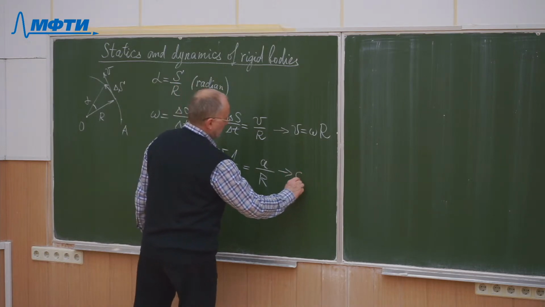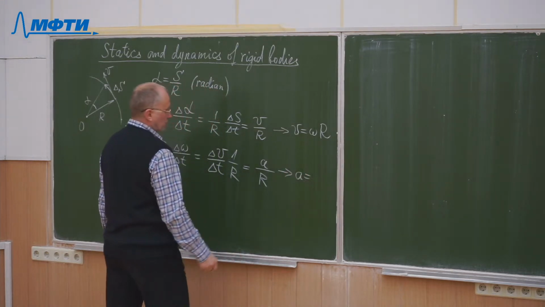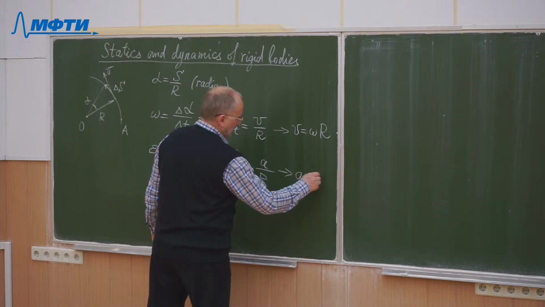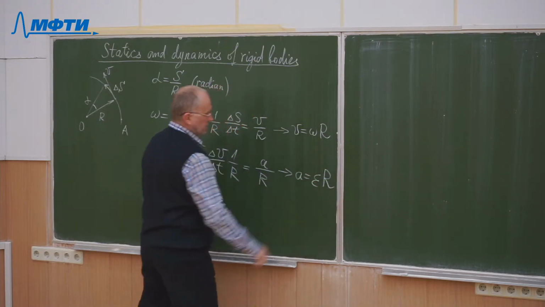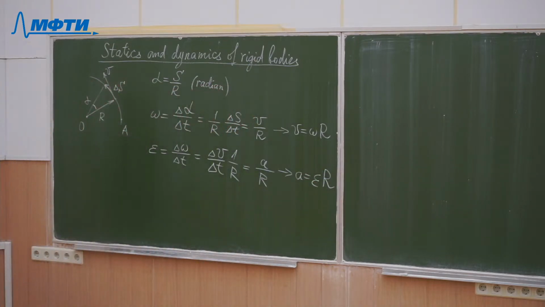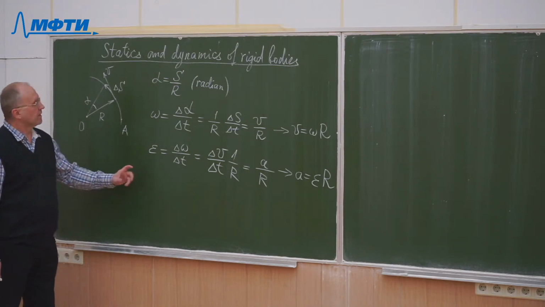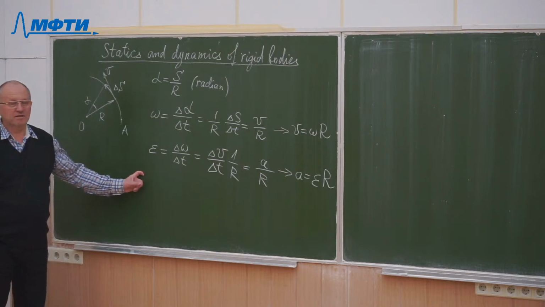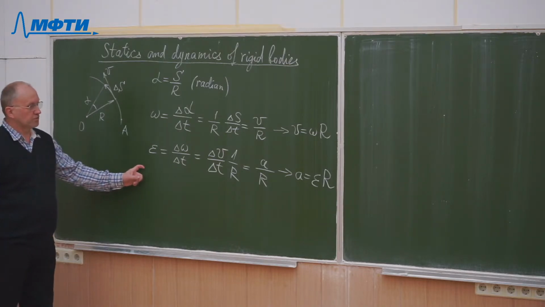So linear acceleration will be angular acceleration times radius. I just remind you of these physical quantities, well known from the kinematics of circular motion.